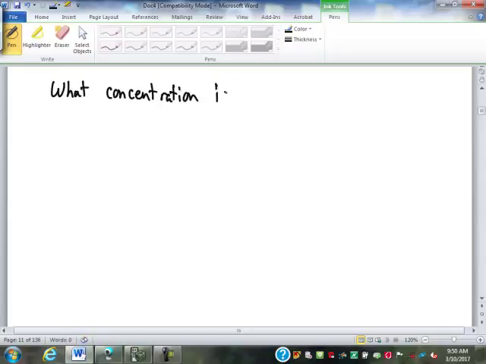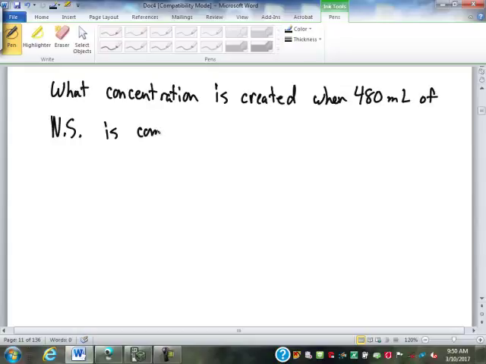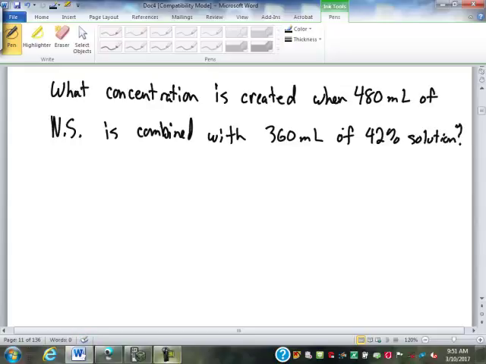What concentration is created when 480 milliliters of saline is combined with 360 milliliters of 42% solution? I'll give you a couple minutes to figure that one out.